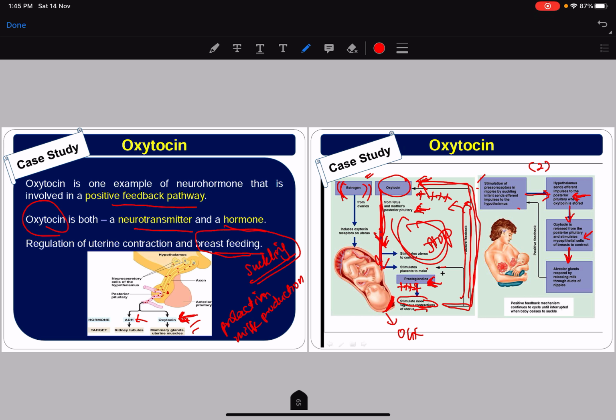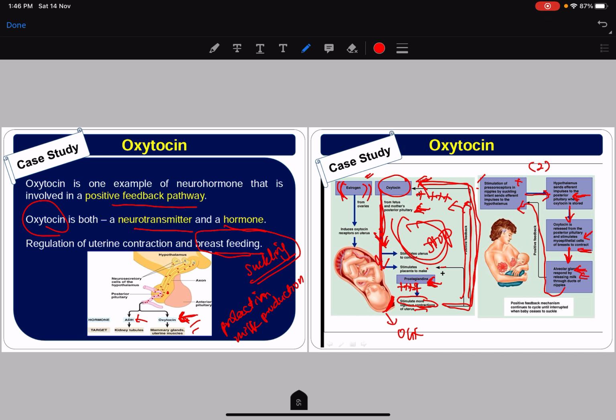Once they contract, the alveolar glands respond. Because of the contraction, these glands can release the milk through the nipple ducts, and then the baby can get the milk, and the baby keeps suckling.